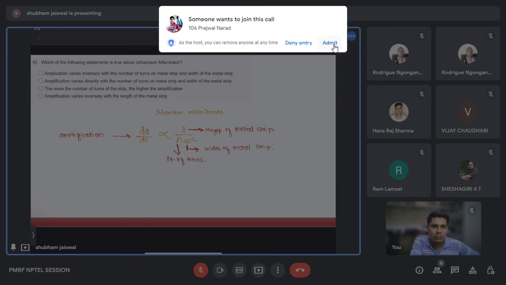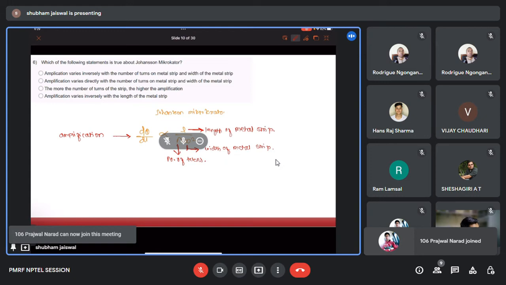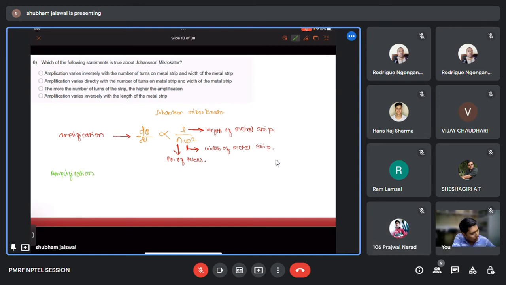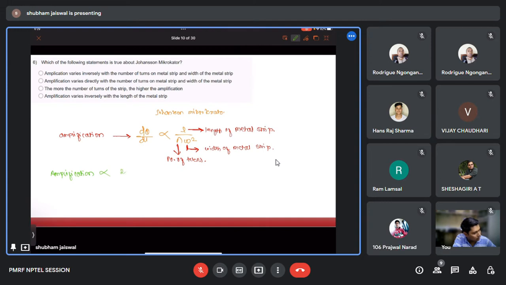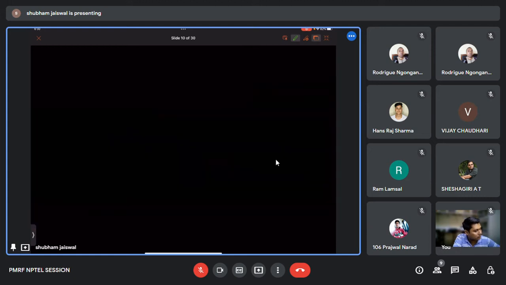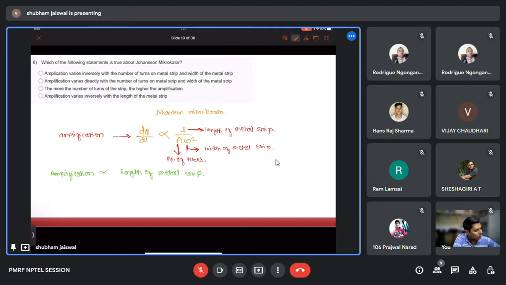Okay. So from this equation you can see that the amplification is directly proportional to the length of the metal strip and inversely proportional to the number of turns and width.